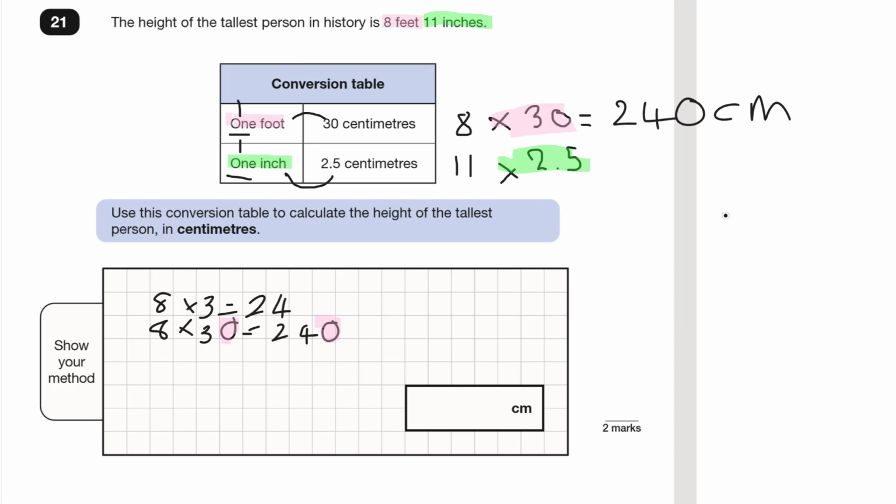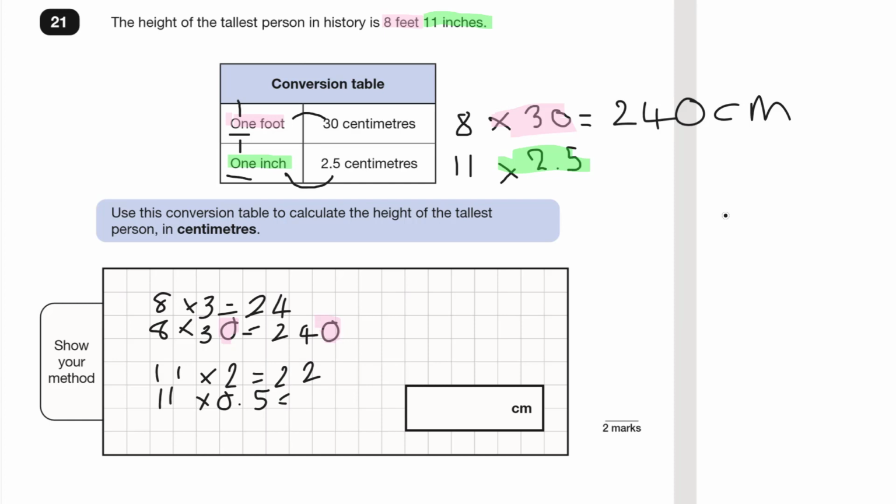Now 1 inch times 2.5 makes 2.5 centimetres, so we're going to do 11 times 2.5. How I would do this is 11 times 2 and 11 times a half. 11 times 2 is 22.